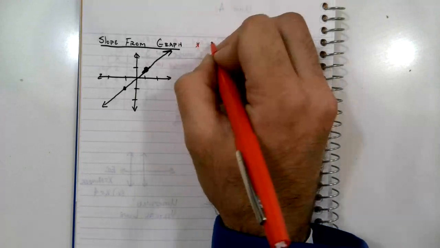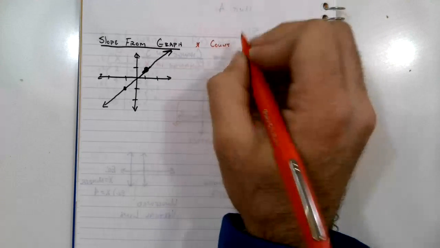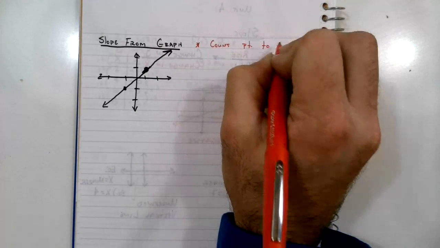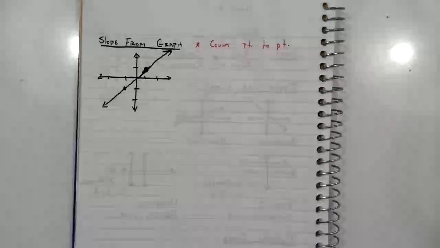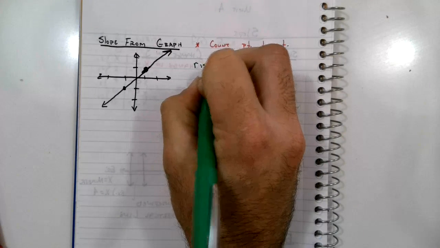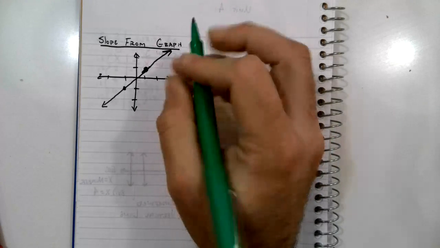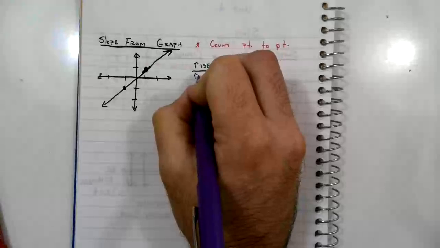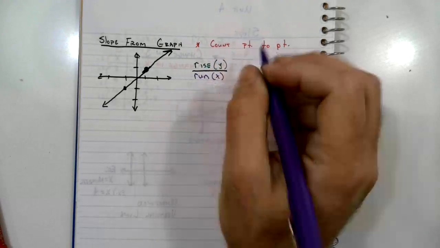So if I was to find this slope, all we would do is count point to point. Okay? So when we count point to point, we're going to do our rise, which is y, our y-axis, over my run, which is my x.